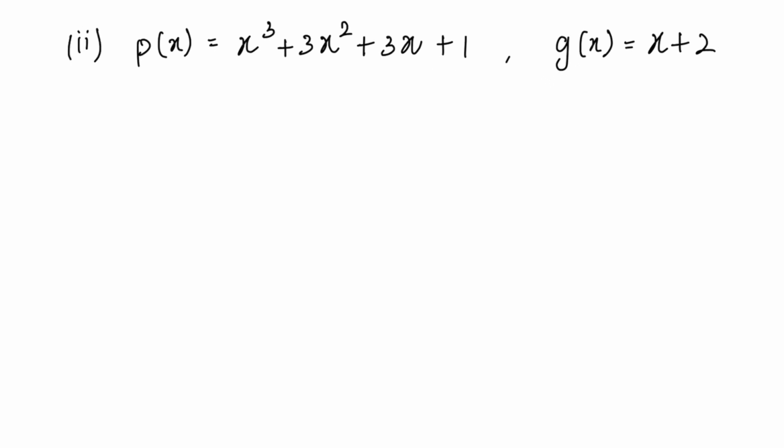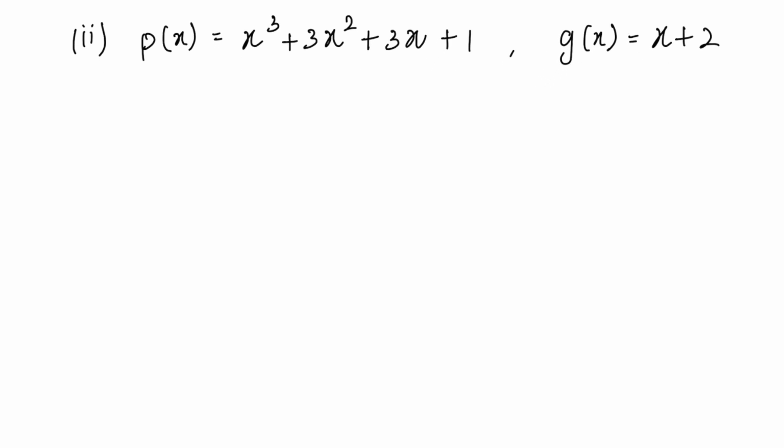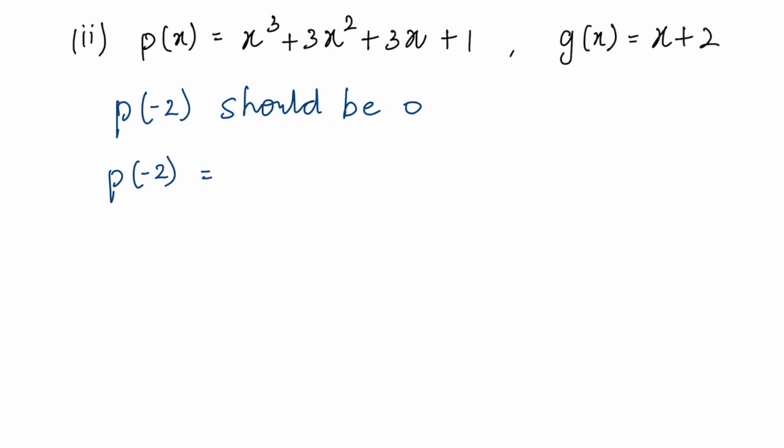Moving on to the next subdivision, p of x is equal to x cubed plus 3x squared plus 3x plus 1, and g of x is equal to x plus 2. Again by using the factor theorem, if g of x were to be a factor of p of x, then p of minus 2 should be 0. Let us find p of minus 2 first. P of minus 2 is equal to minus 2 cubed plus 3 into minus 2 squared plus 3 into minus 2 plus 1.